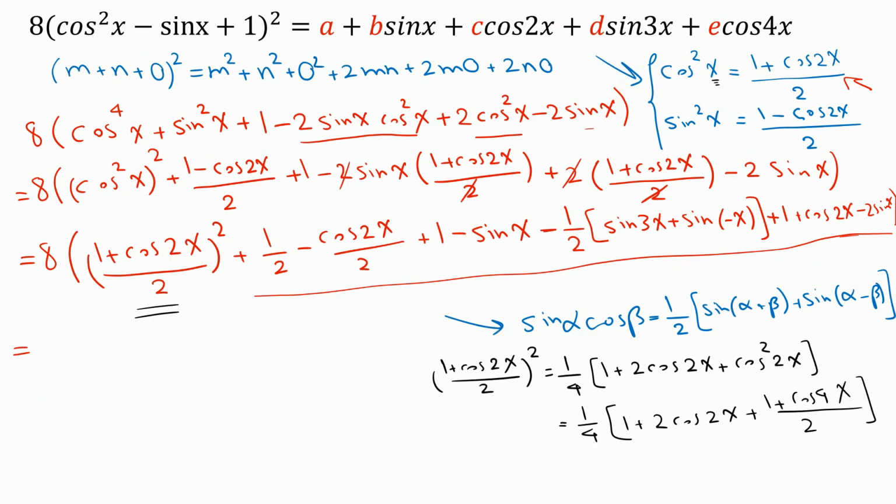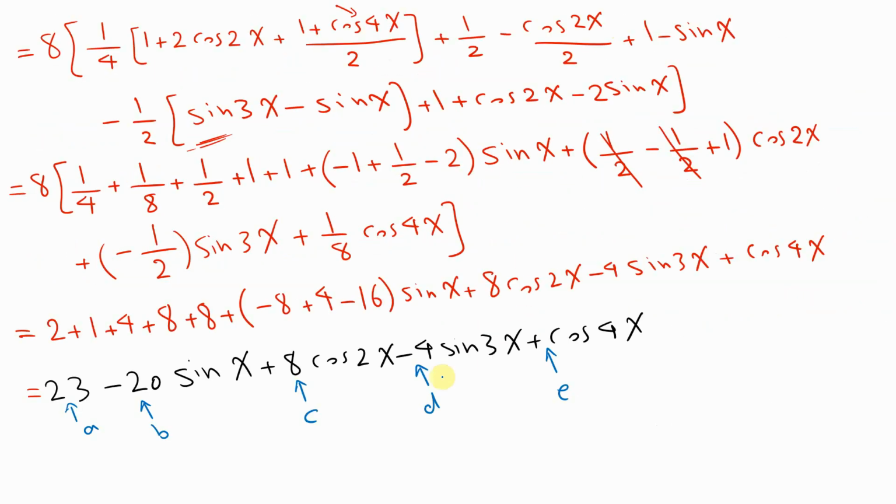As you can see, I use some simplifications to come up with this estimation of this function with some sinusoid functions and some coefficients, and we just find the coefficients.